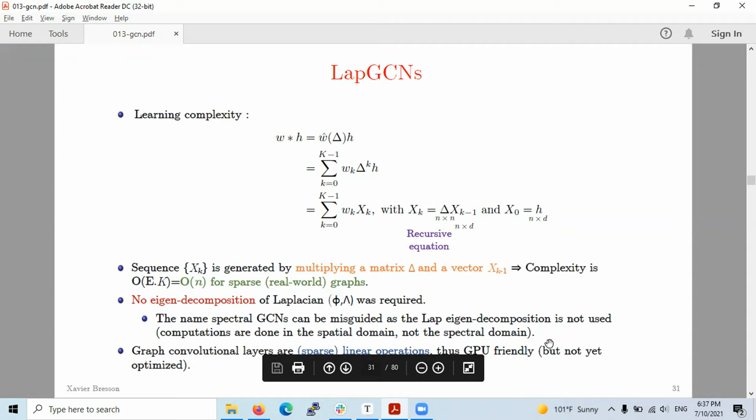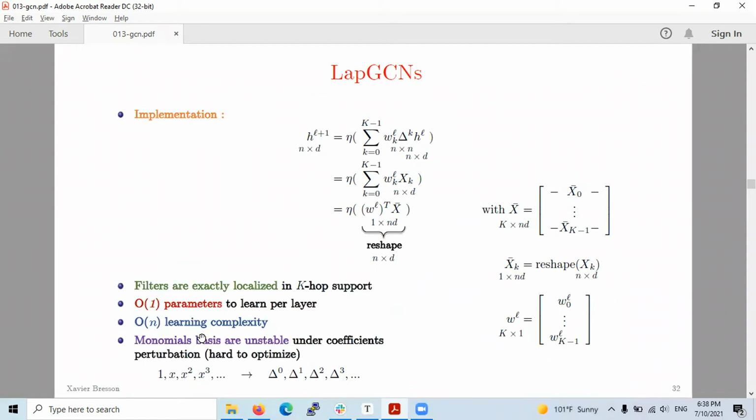The current hardware is optimized to deal with dense linear operations, but not with the sparsity that comes with graph convolution layers. He was pretty specific even during the question answer session that the current hardware is not really optimized to deal with sparse linear operations, and that could be a very big bottleneck for further progress in this area of research.